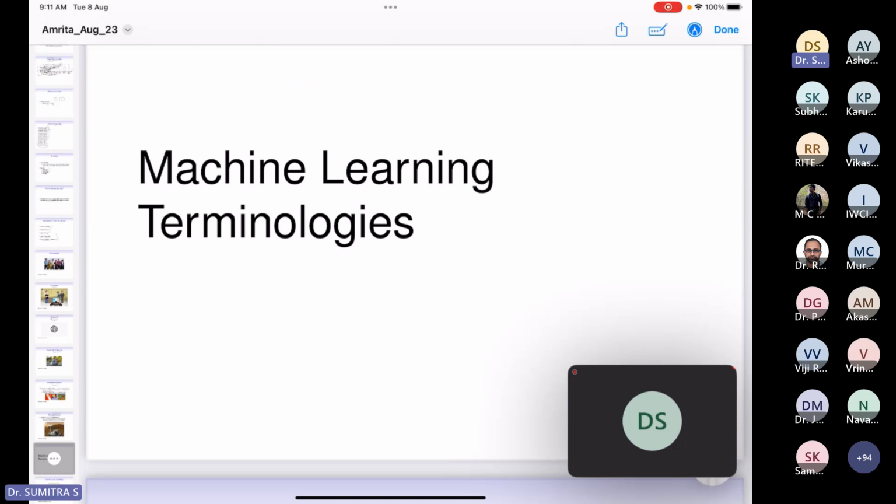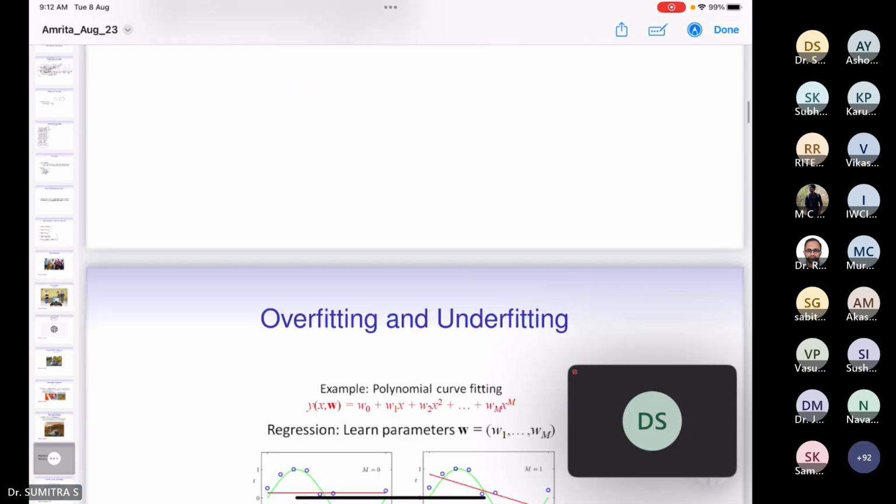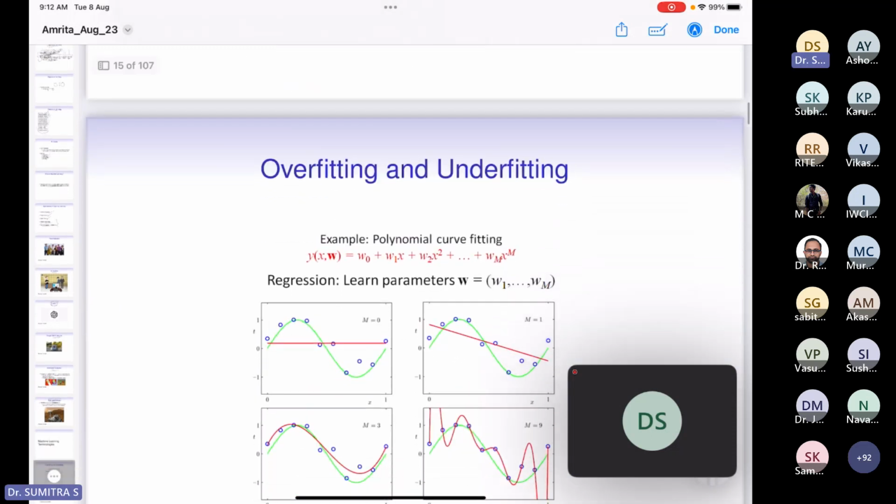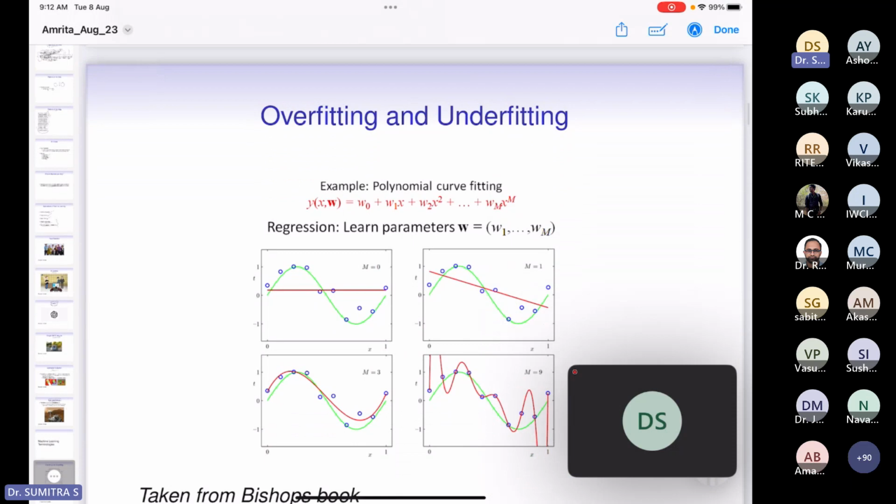Now we are ready for the next step. We'll look into some machine learning terminologies. First, I'll introduce something called overfitting and underfitting.